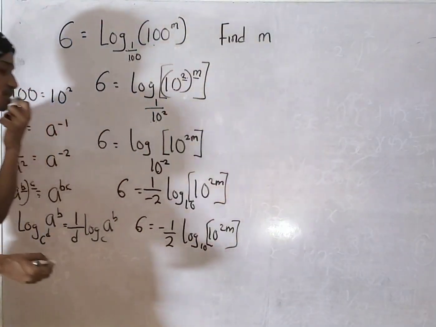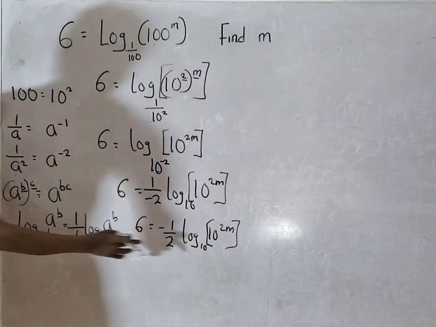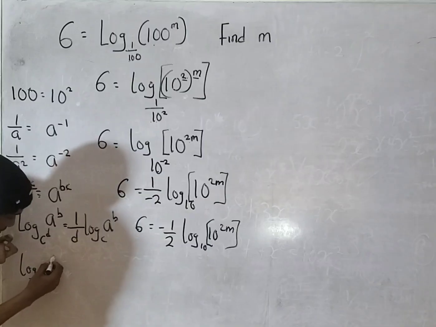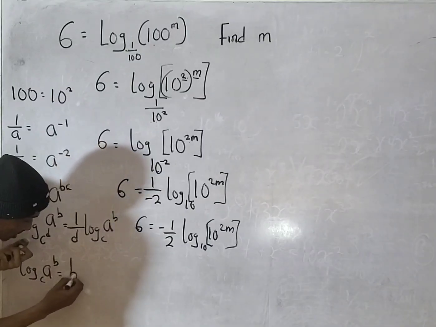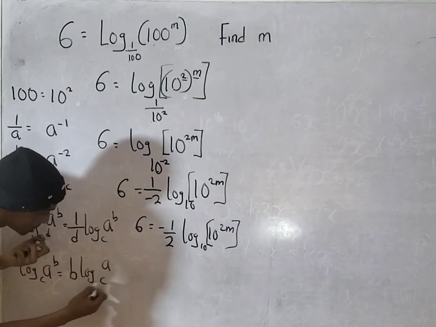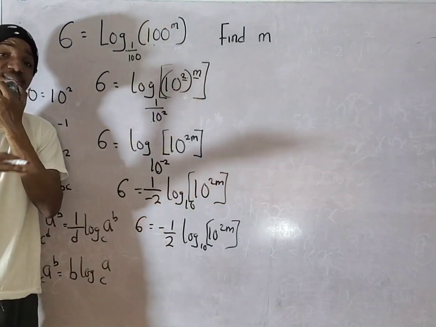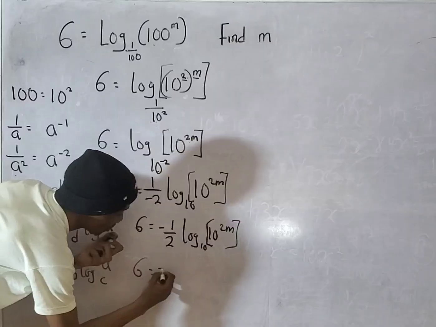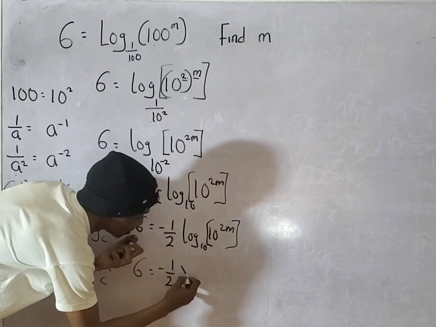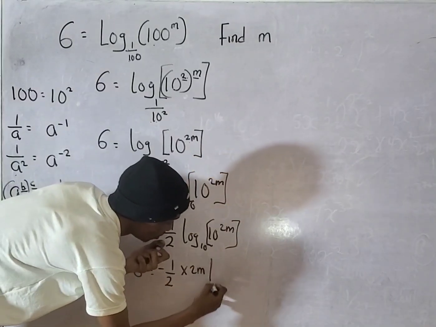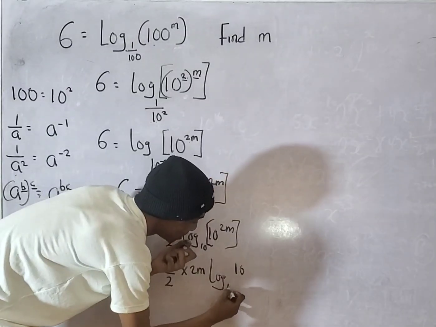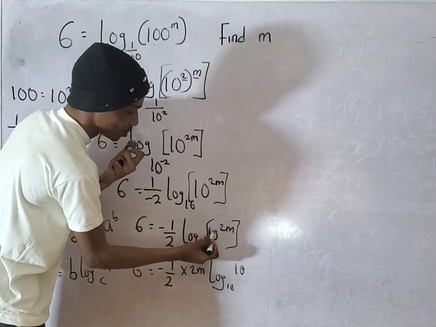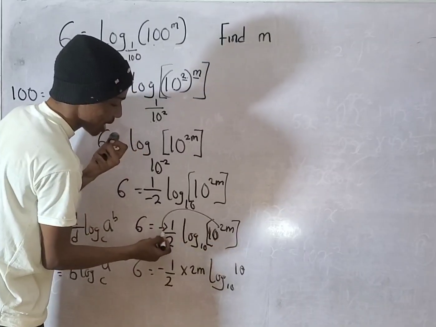Now the question is this: do you know that if you have log of a raised to the power of b, base c, this can be written as b log a base c? That is, the log of a power is the product of that power and the logarithm. So here I'm going to have 6 equals negative 1 over 2 multiplied by 2m log 10 base 10. That is, the power to which this 10 is raised will multiply what I have here.